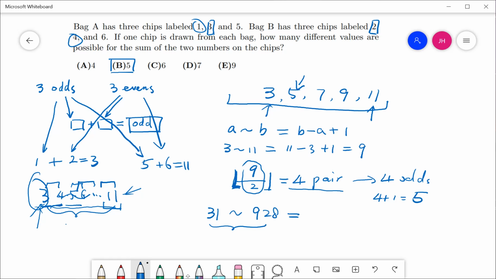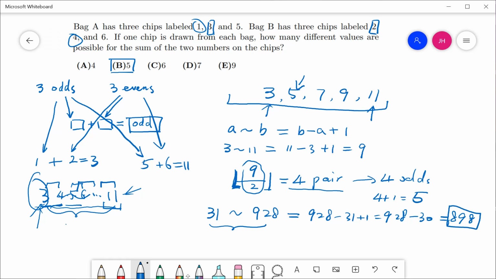First, you count the number of integers within this range. That's 928 minus 31 plus 1. So that's 928 minus 30, then minus another 1, which gives you 898. That many integers.